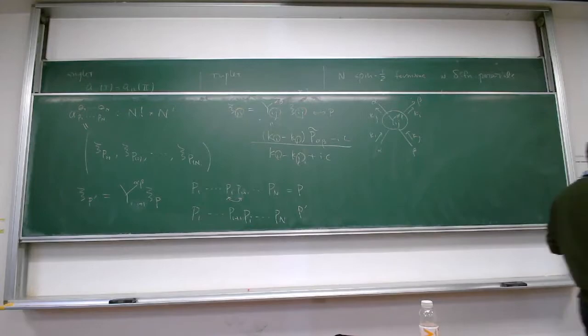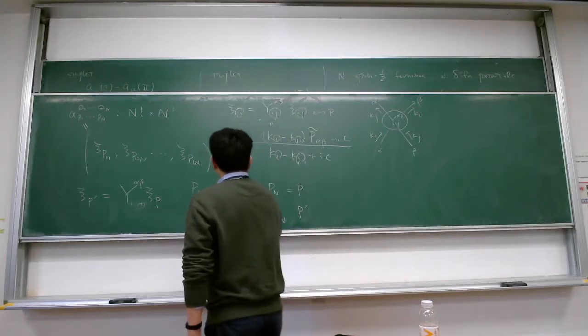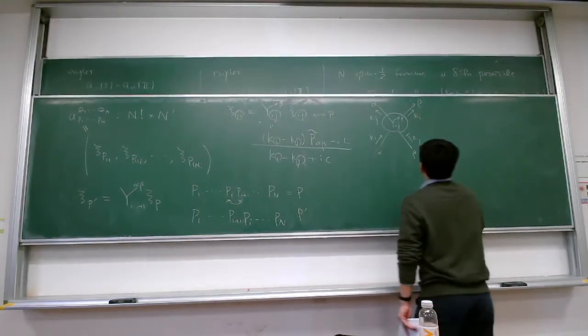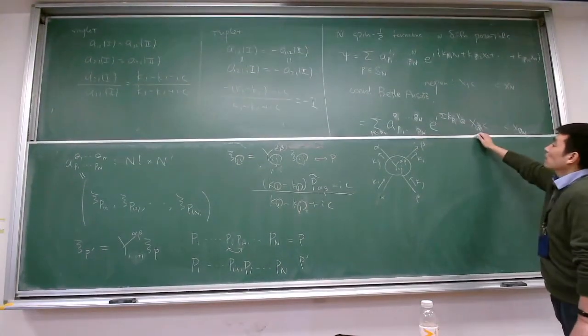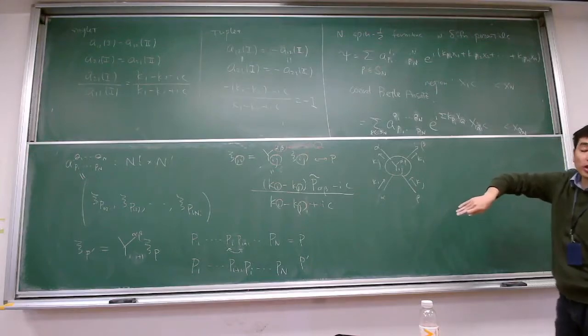And then the matrix Y can be obtained by plugging this coordinate Bethe ansatz into the Schrödinger equation.